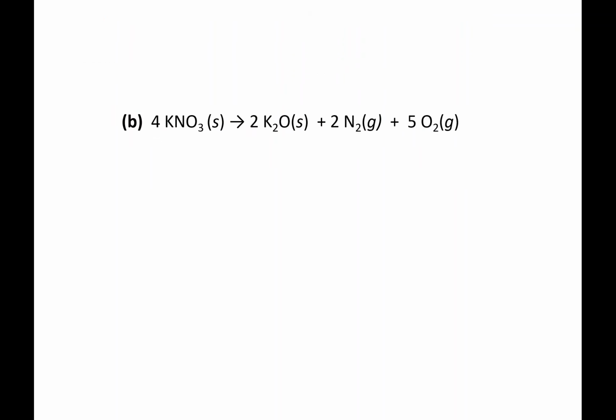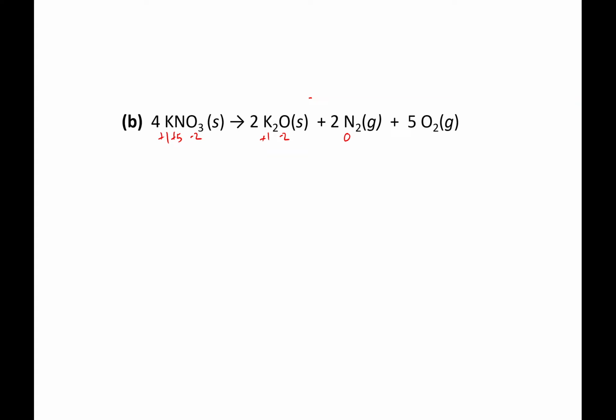Okay, if we look at the second, now we have potassium, and I'll go through this a little bit quickly. That's a group 1 metal, so that's a +1. Oxygen's going to be -2. And if we add that up, that means nitrogen has to be a +5. Okay. K2O, potassium's +1, oxygen's -2.